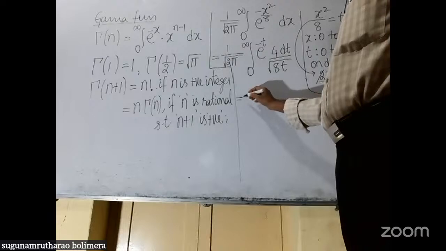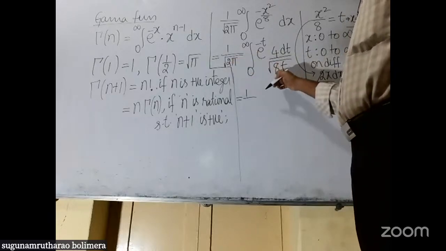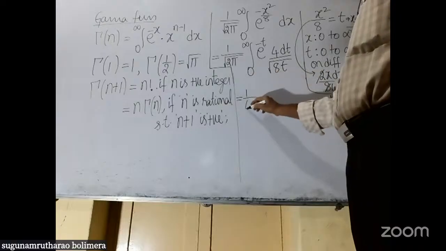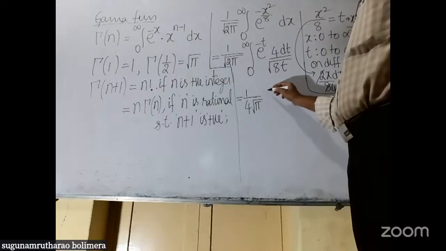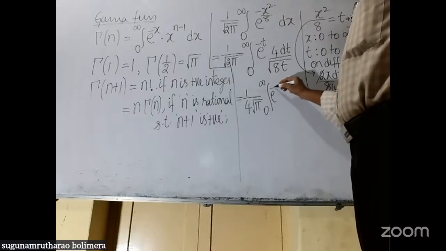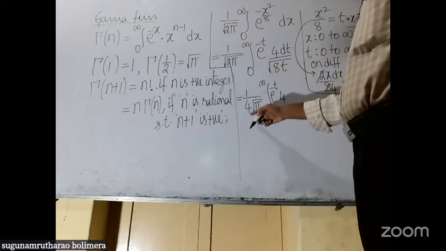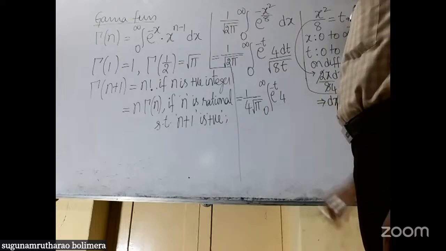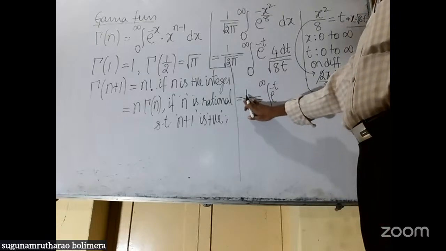So this is equal to 1 by root 2 into root 8, which is root 16, nothing but 4. Root pi, integral 0 to infinity e power minus t. This 4 gets cancelled, so no need of writing that.